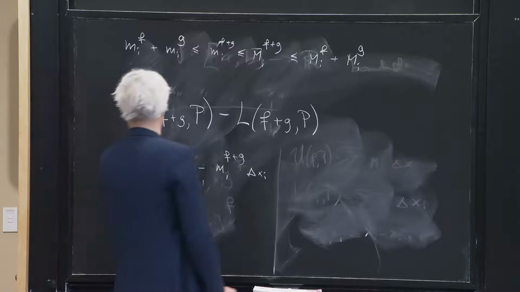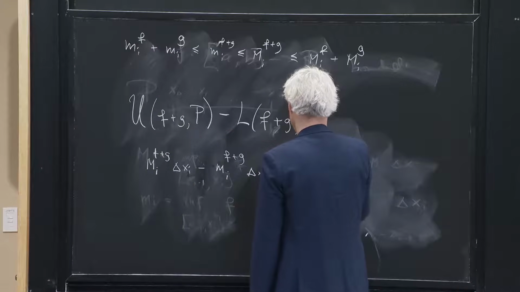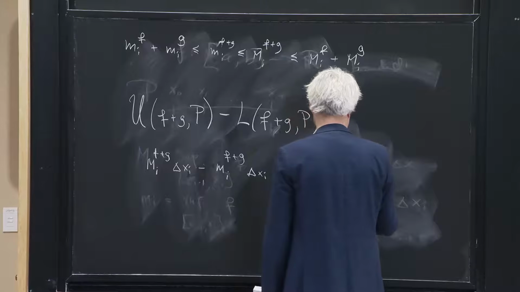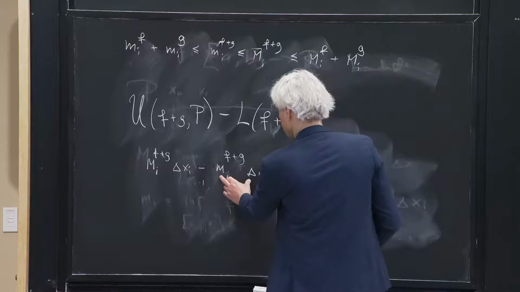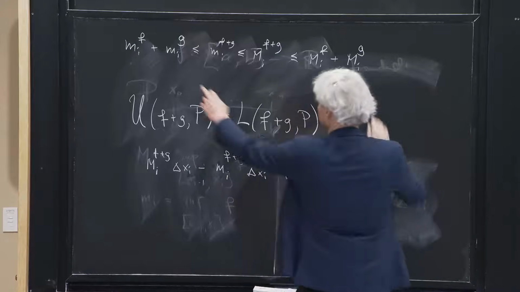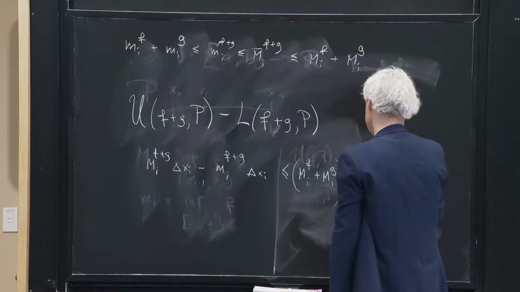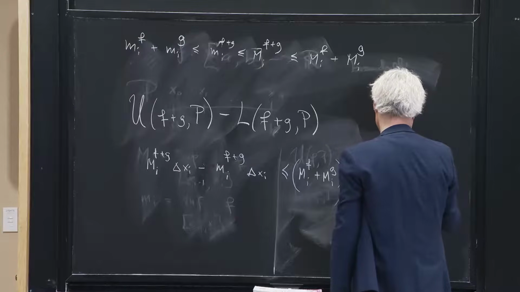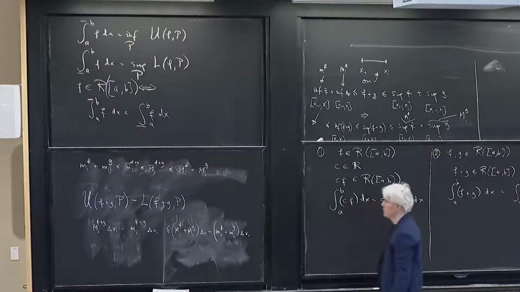And because this number is less than that, this is less than M_i of f plus M_i of g times delta x_i, minus m_i of f plus m_i of g times delta x_i, since the spread between those two bounds the spread between the other two.